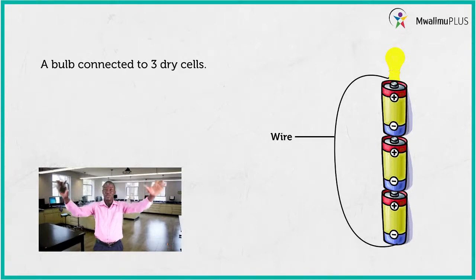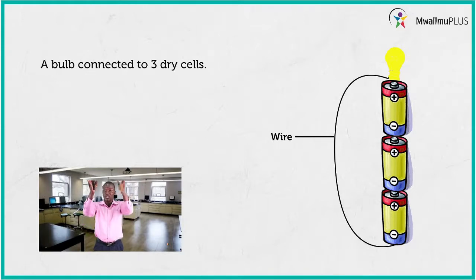What are you able to see? Very good, learners. In the screen we have a wire, we have a bulb, and three dry cells, and they are connected. And you can see the wire from the bottom, that is the negative terminal, is connected to the base of the bulb.